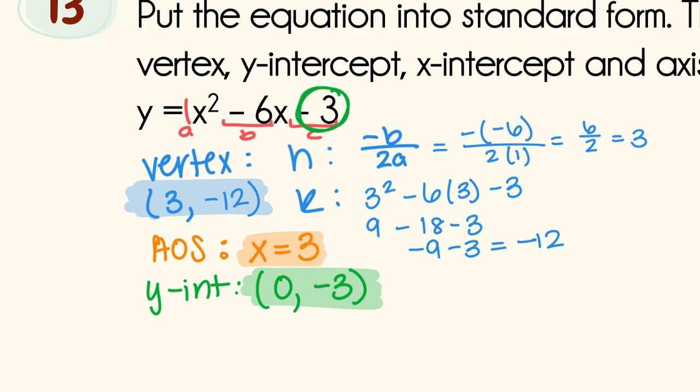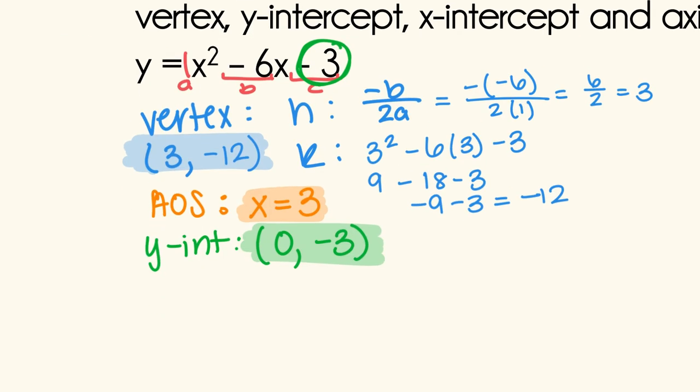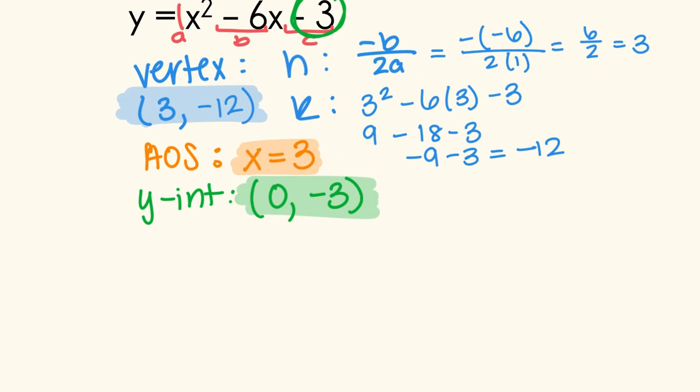So trying to find my x-intercept, I'm going to go ahead and set it all equal to 0. So looking at it, x-intercept, that's what I'm going to go ahead and find next. So taking it, I'm going to have x squared minus 6x minus 3 equals 0. Can I factor this?